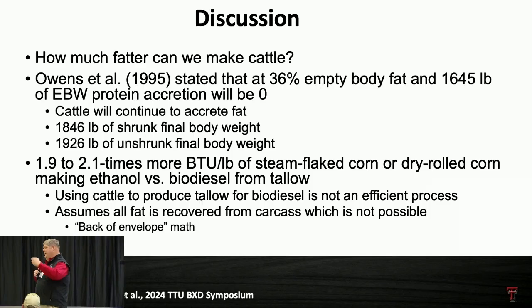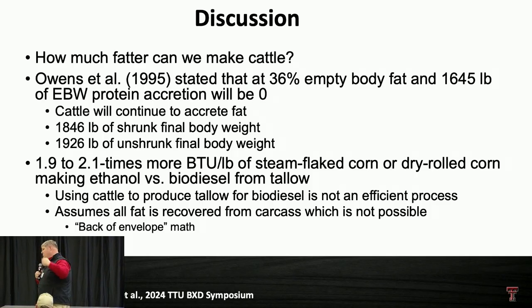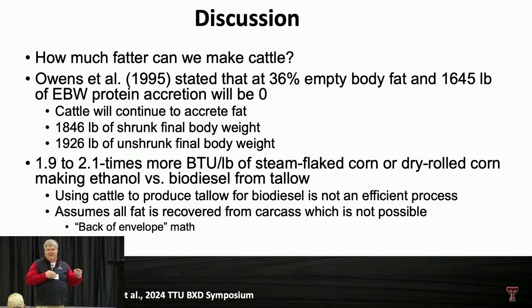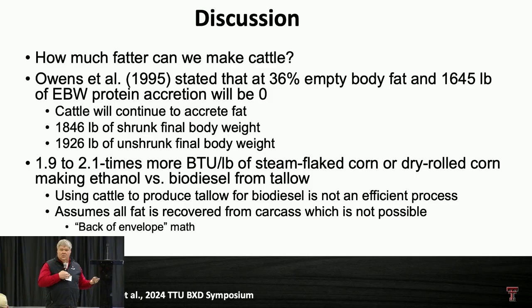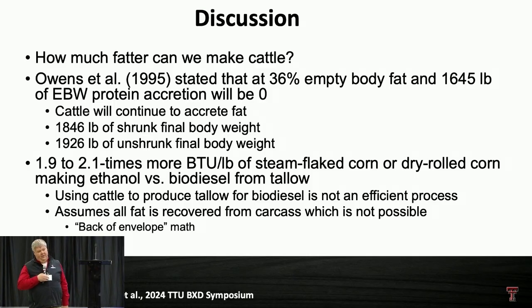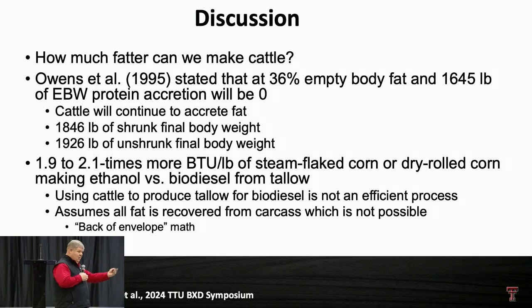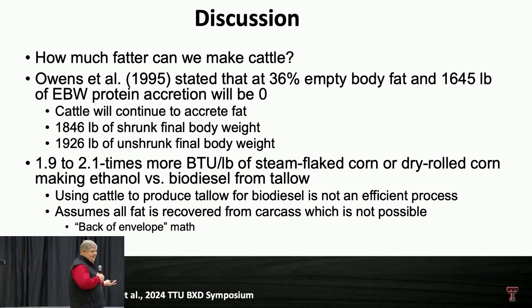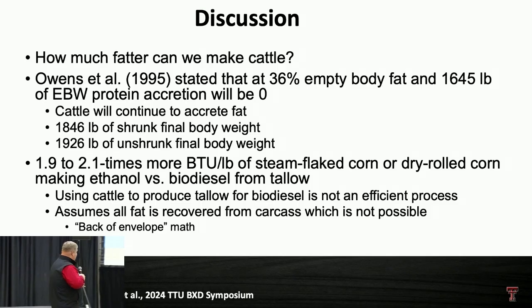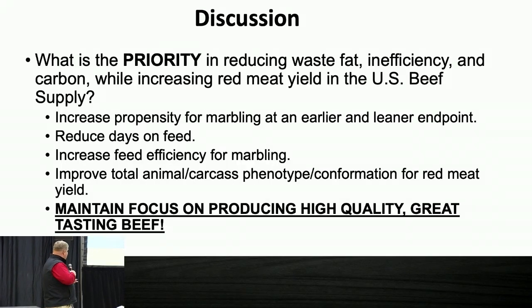We can't utilize a ruminant to reduce carbon to make biofuel. So we're being used as an industry as an offsetting mechanism, to be really expensive at producing carbon credit so that the petroleum industry can subtract more carbon from their bottom line. It's not a good concept for the beef industry, right?